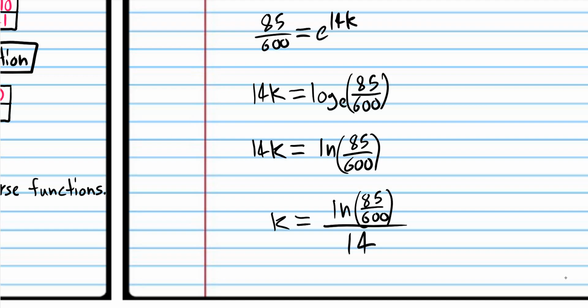If you're afraid that you might do this incorrectly, you can enter 85 divided by 600, press enter, and then press the ln button, and then the answer button. Actually, the ln button, and then the blue second button, and then the answer button at the bottom right. And you can just enter ln of your answer. That's one way to do it.